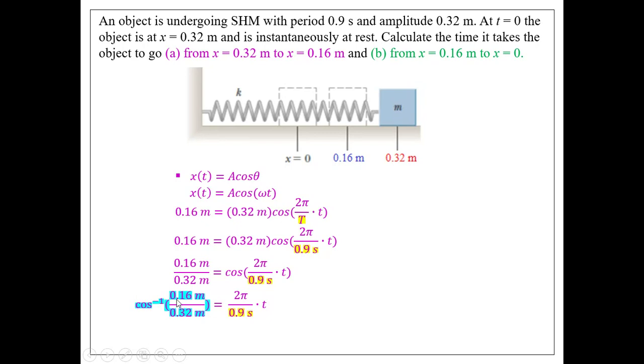And in parentheses here, I have 0.16 divided by 0.32, or you can simplify it down to 0.5 if you want, because 0.16 and 0.32 simplifies down to 1/2, which is 0.5. And then on the right side, all I did was carry all my work down, 2 pi over 0.9 times t. But I do want to point out that this is the other error folks can make.